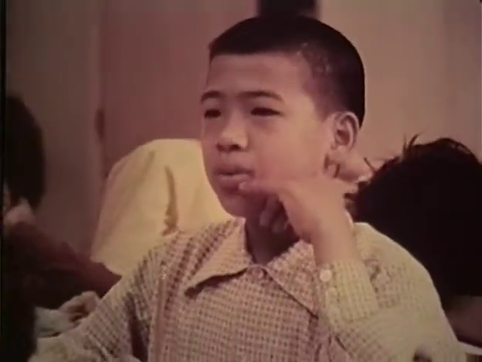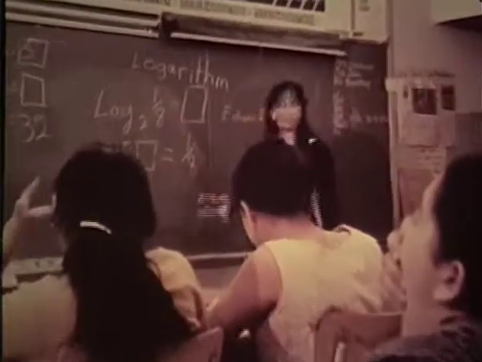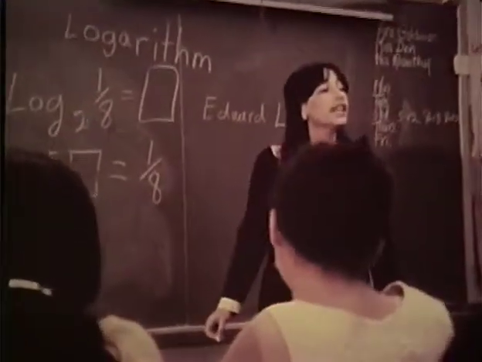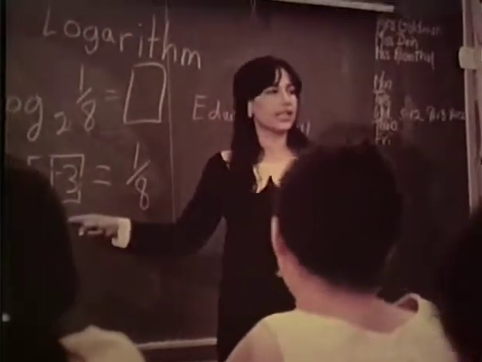Yeah. 2 exponentiation box equal 1/8. Okay, James, what do you think would go in this box to make this sentence true? -3. Okay, how many people agree it's -3?